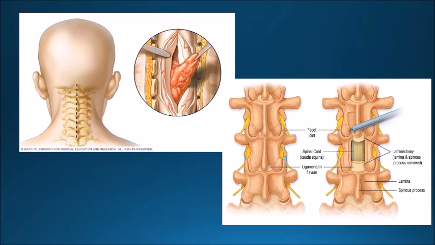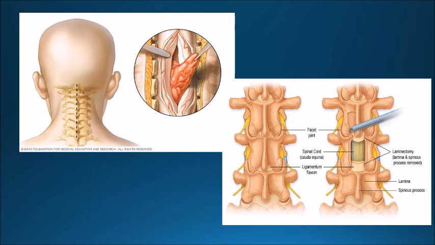We take an incision at the midline depending on the localization of the spinal cord tumor. After separating the skin, soft tissue, and paraspinous muscles, we remove the spinous process and then the lamina to reach the dura. We perform a midline durotomy and then we localize the lesion inside the dura.